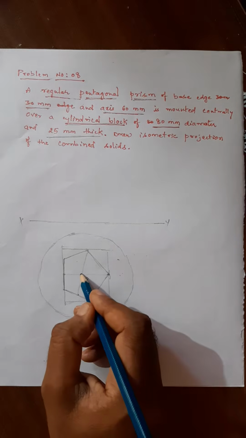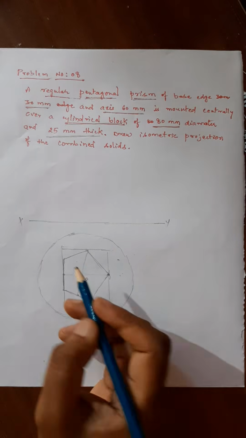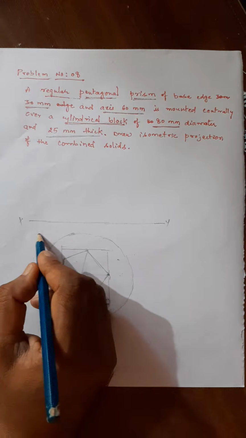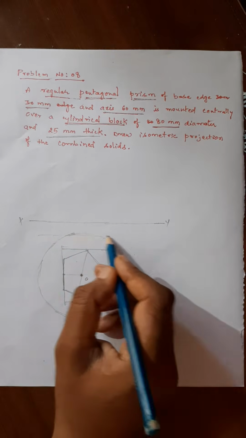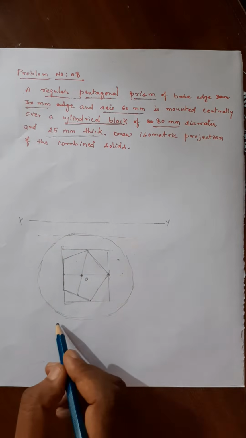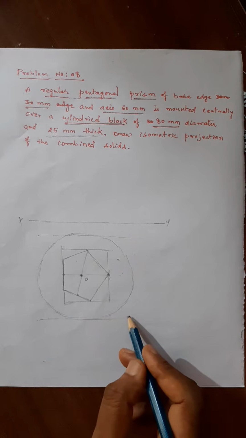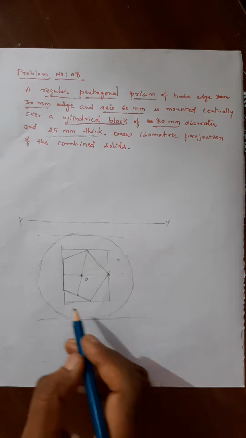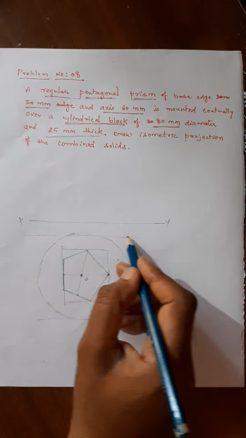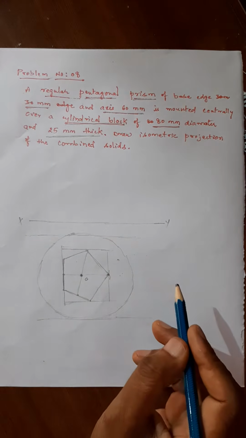Like this, a circle of radius 40 mm, and enclose the circle again in a box, so it will be a square.